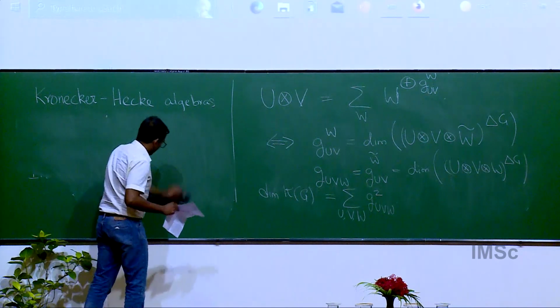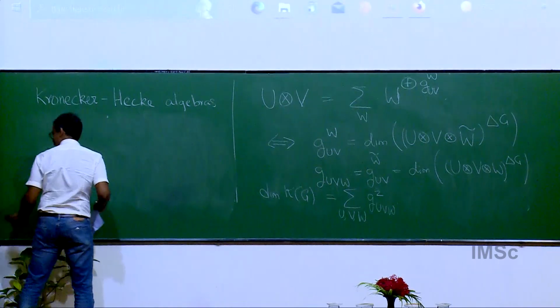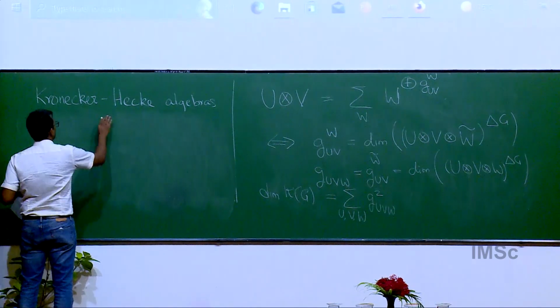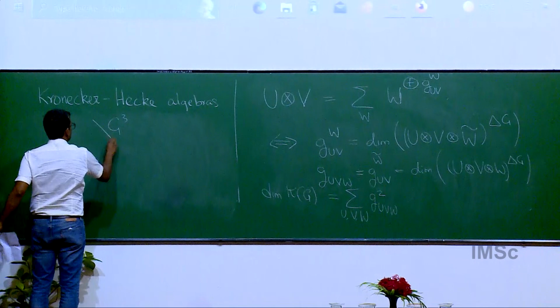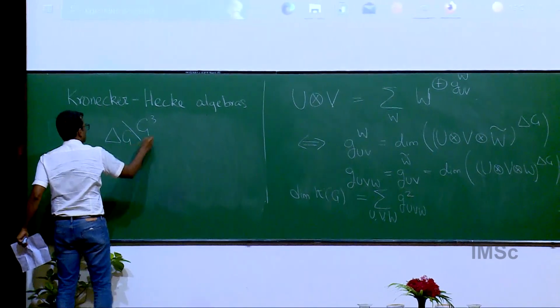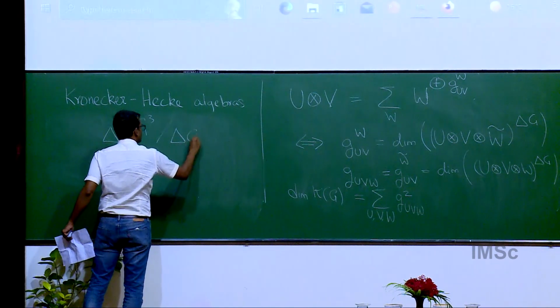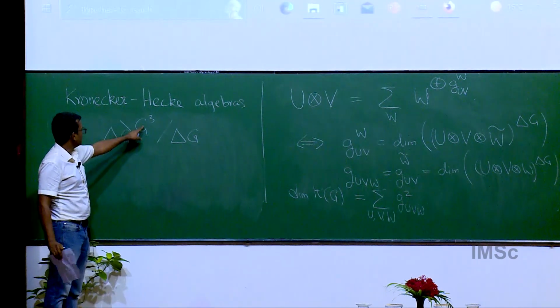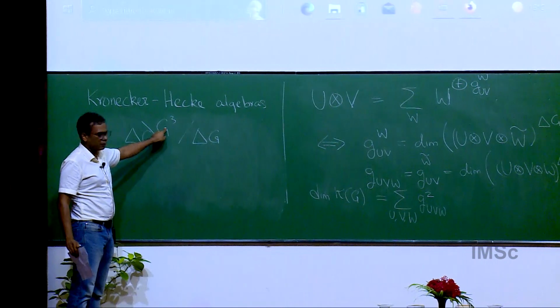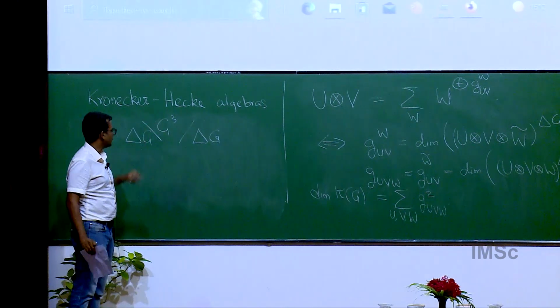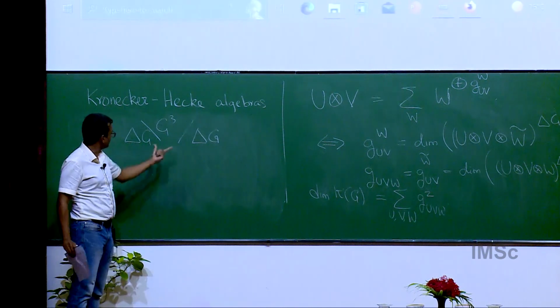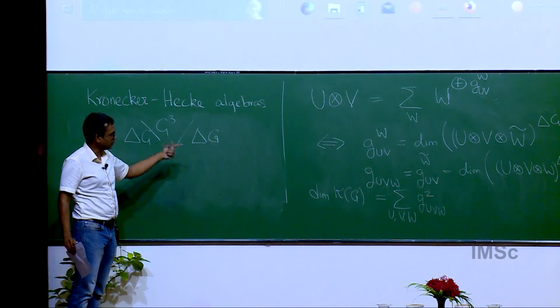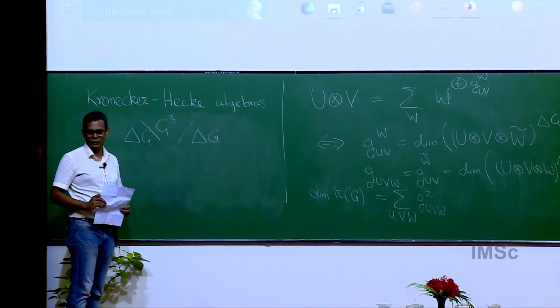So this Hecke algebra is parameterized by G cubed mod delta G mod delta G. The dimension of the Hecke algebra is obtained by taking the group G cubed, modding out by the left and right action of the diagonal copy of G. So if you can count the cardinality of this set, you will be able to count the dimension of the Hecke algebra.